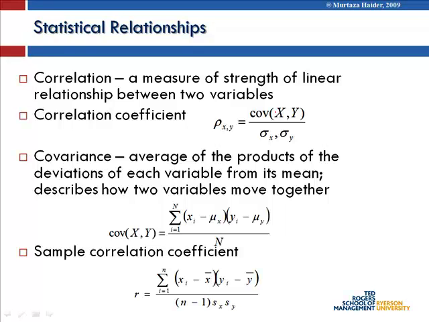For instance, if two variables move in the same direction, that is, an increase in one variable results in an increase in the other variable, that would be the case with rainfall and the sale of umbrellas. That is, more rainfall and more umbrellas. They are moving in the same direction. An increase in one is accompanied by an increase in the other.